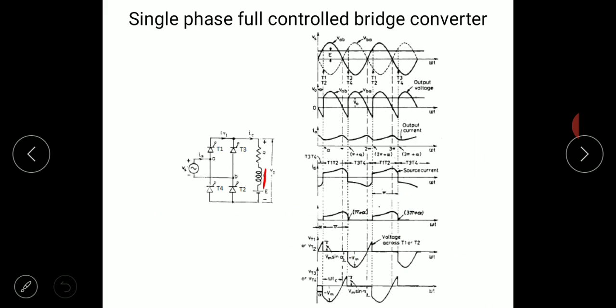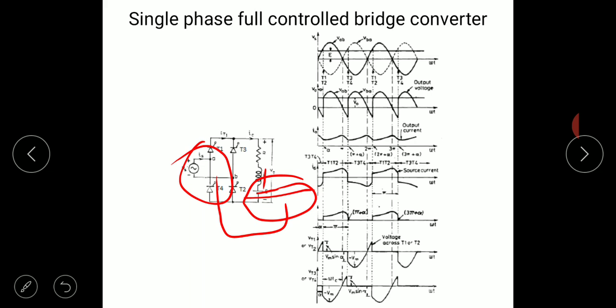If this back EMF polarity is reversed, now the current can flow through the thyristors towards the supply side, and this magnitude of back EMF must be greater than the supply voltage, and supply voltage is the voltage appearing across load, V0 voltage.